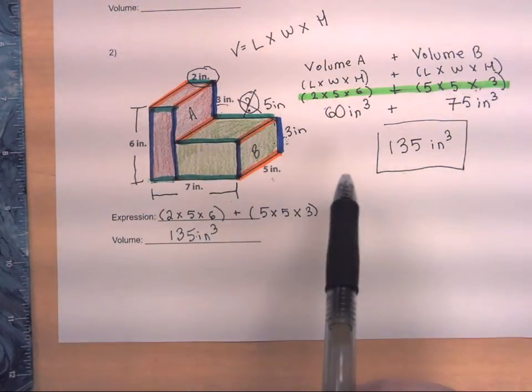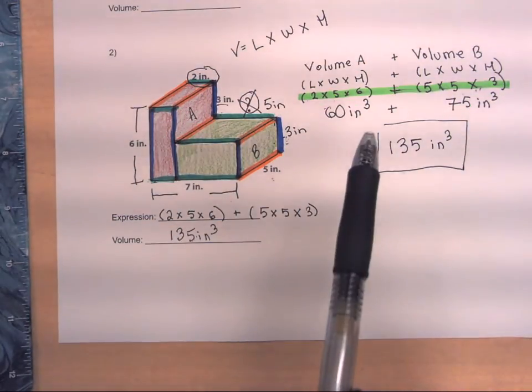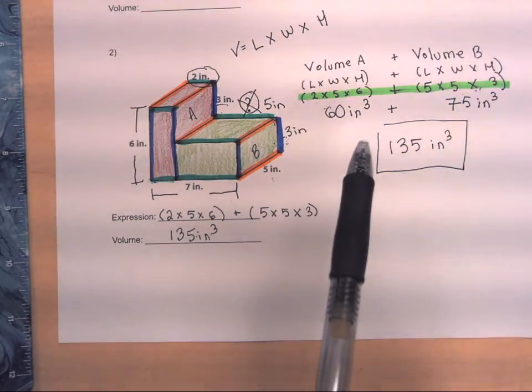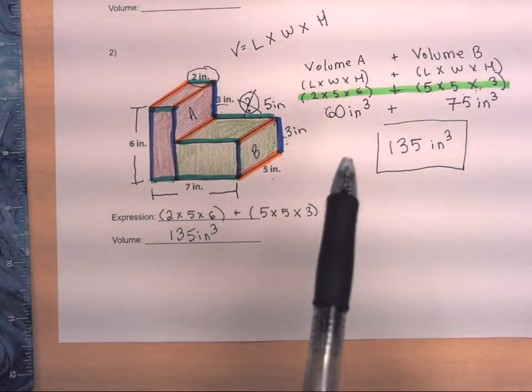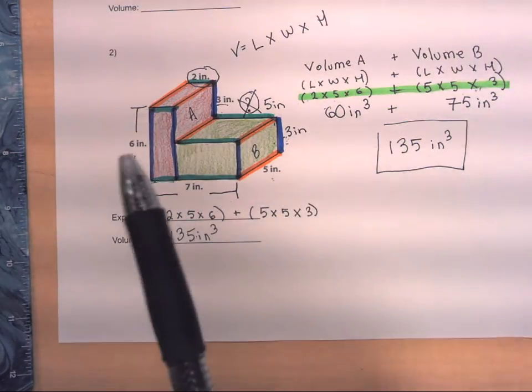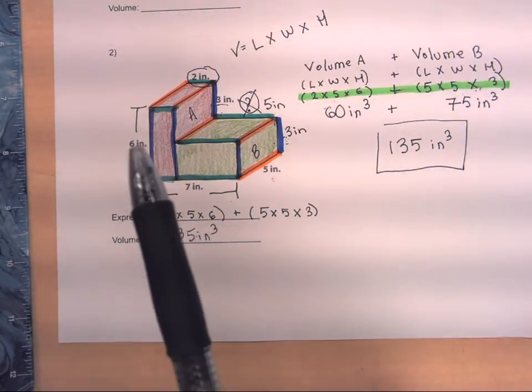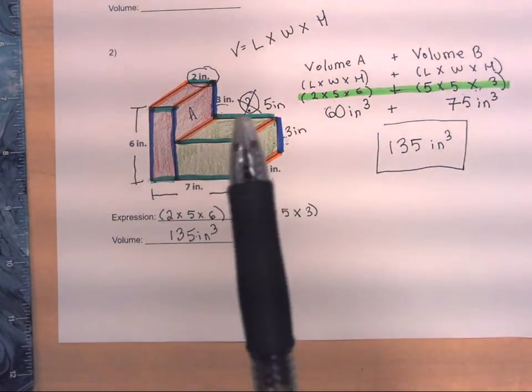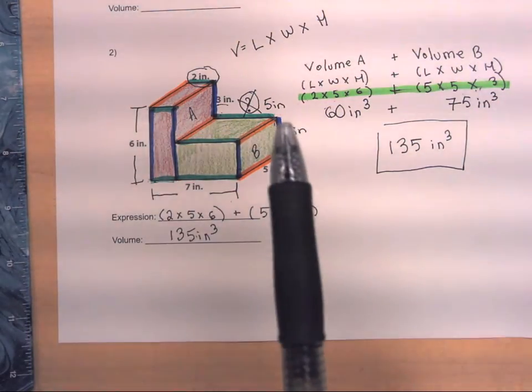So we want to make sure that we're only adding at the very, very end. A common mistake that I've seen in class is many times students will correctly identify all the dimensions of a composite figure.